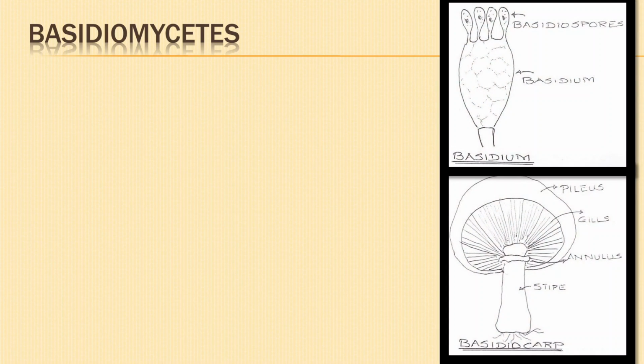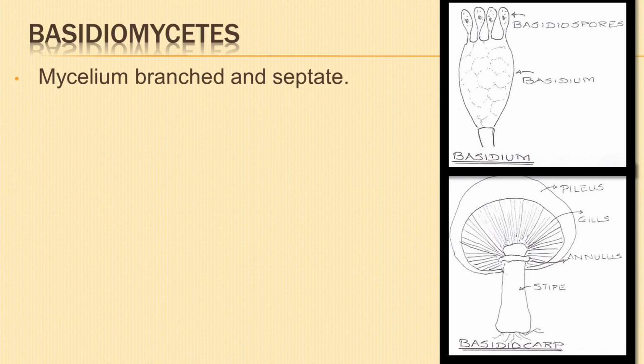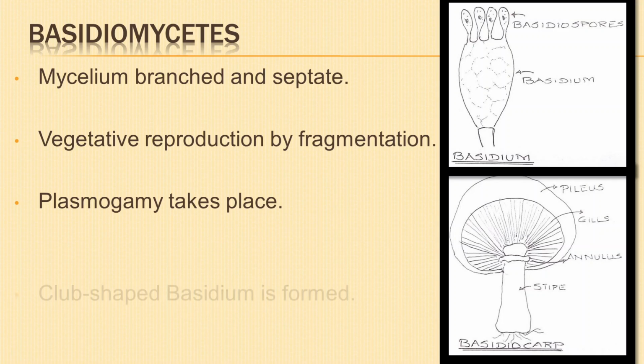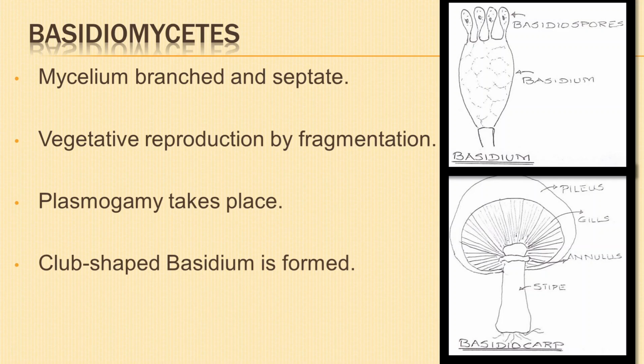Finally, we come to Basidiomycetes or club fungi. The mycelium is branched and septate. Vegetative reproduction is by fragmentation. Plasmogamy takes place by the fusion of two vegetative cells of different strains. The dikaryotic structure gives rise to a club-shaped basidium.